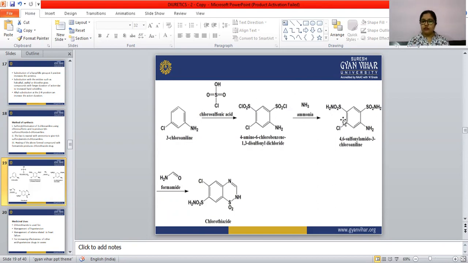After that, when we heat this product with formamide, we get the chlorothiazide. So this is the synthesis of chlorothiazide.